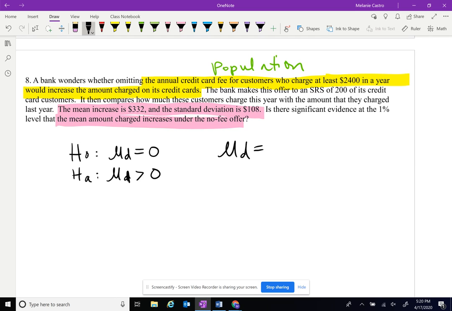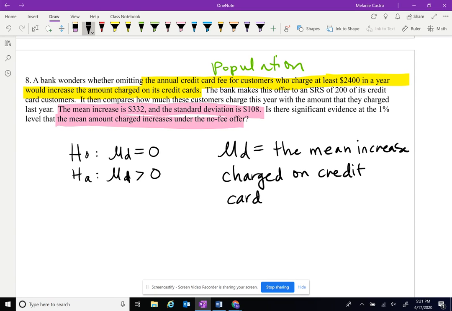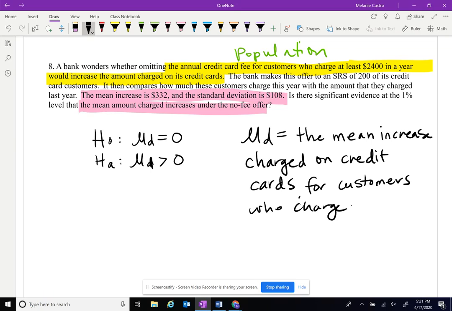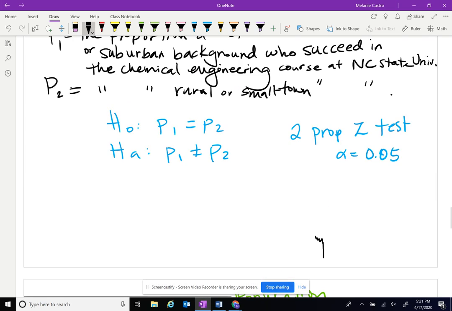maybe you can pick the test after that. So we're looking at the mean or average increase in spending, or charged, I guess, on credit cards for customers at least, darn it.